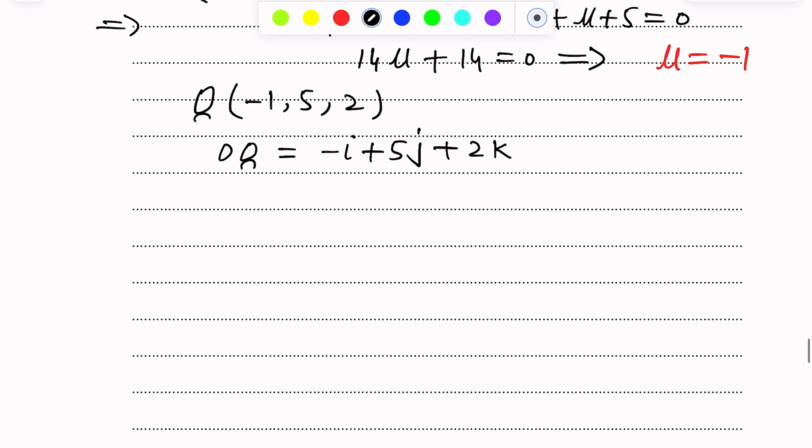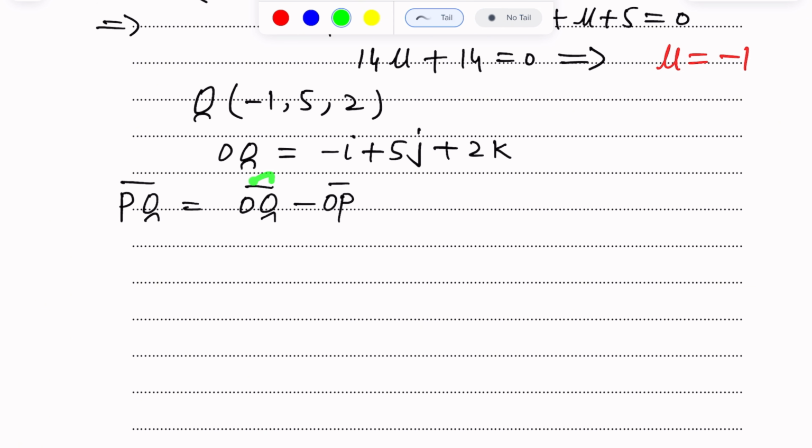Now we will find the PQ vector, that will be equal to OQ minus OP. These two vectors we have already.